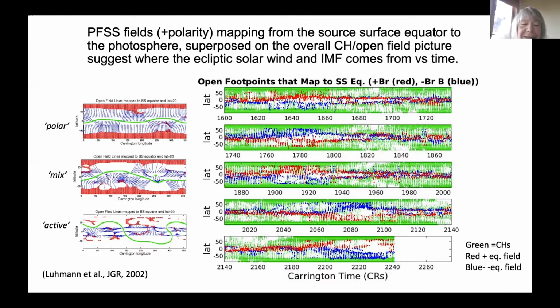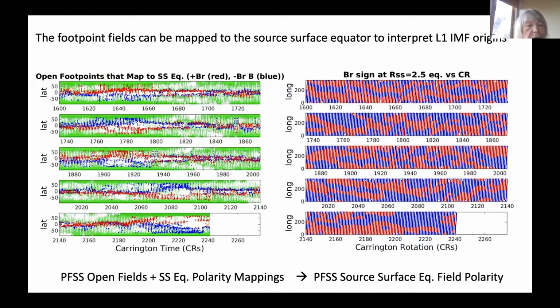Sorry. This is a hint of how to map back to the sun to get an idea of where the solar wind is coming from in the ecliptic, and a test of that is the solar wind polarity. On the next slide, there's a plot that goes from this kind of picture of mapping back to the sun to the Carrington day versus Carrington rotation picture, which is the ecliptic view of what that mapped polarity should look like.